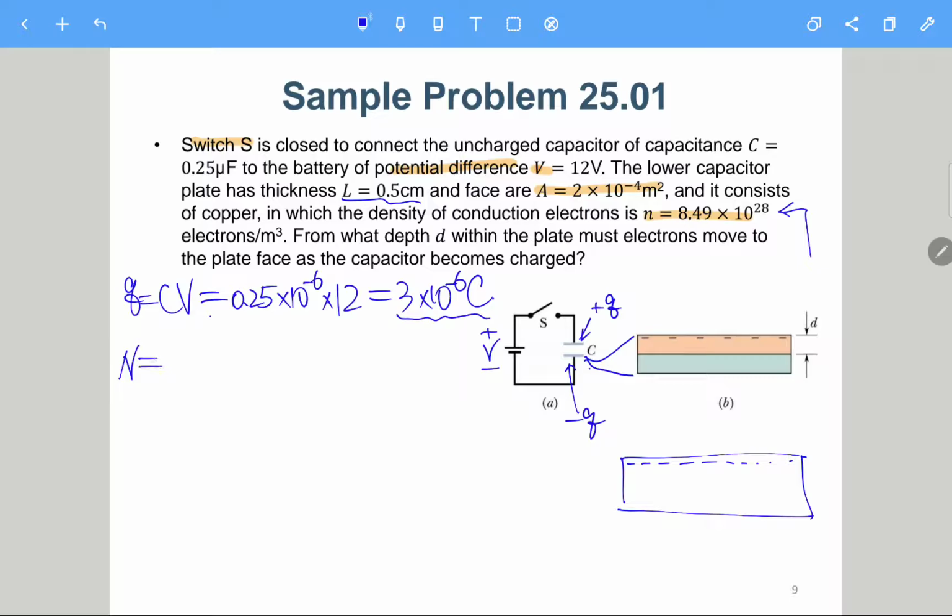We divide Q by the elementary charge, which is 3 times 10 to the minus 6 over 1.6 times 10 to the minus 19, so that we can count how many electrons there are. It would be 1.87 times 10 to the 13 electrons.